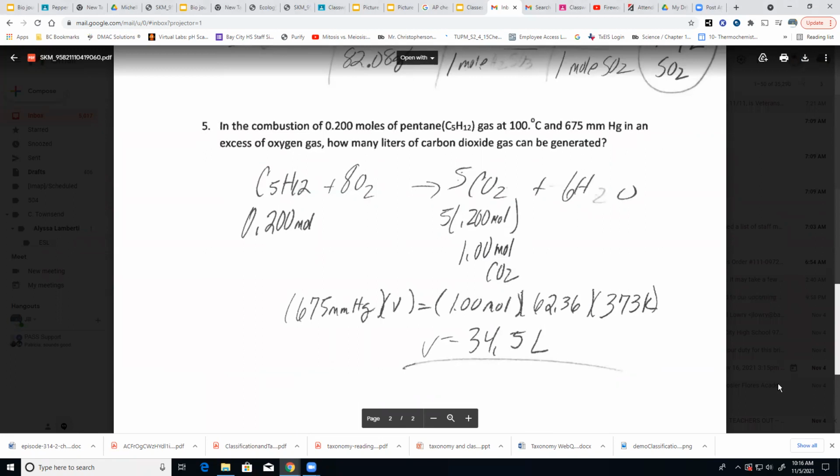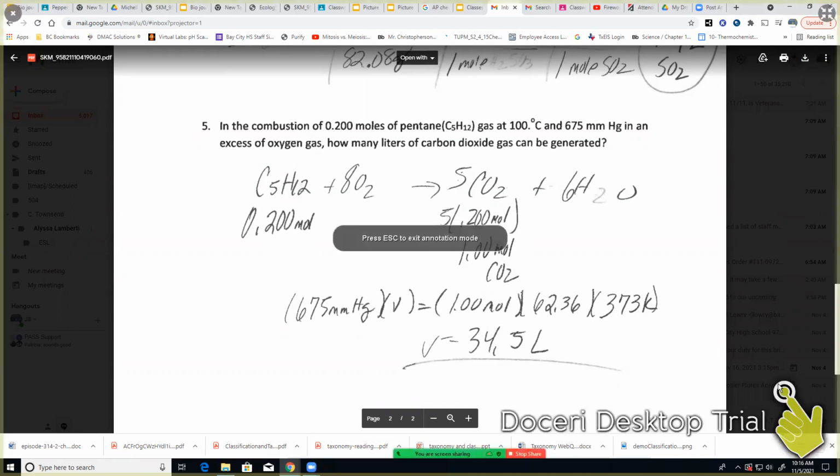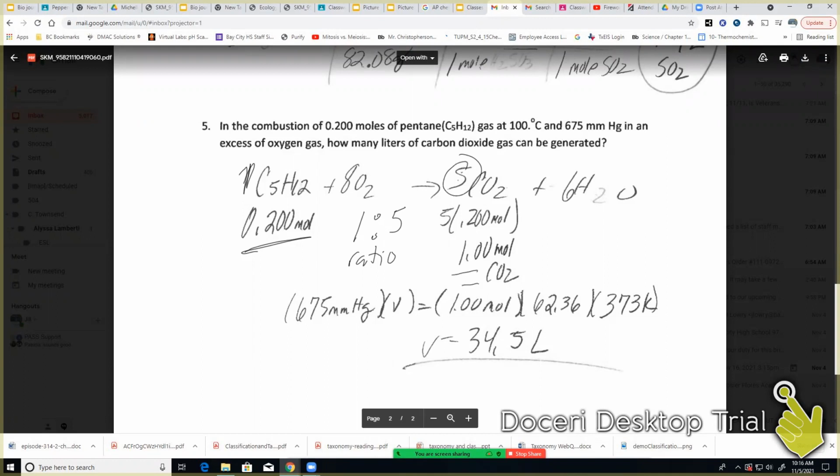And we were interested in liters of carbon dioxide, so you could have done this as a little bit of a stoichiometry problem, but here it gave us that we had 0.2 moles of pentane, and it's a 1:5 ratio. For every 1 mole of my pentane, I'm going to get 5 moles of my CO2. So that's where you would get your moles of carbon dioxide.